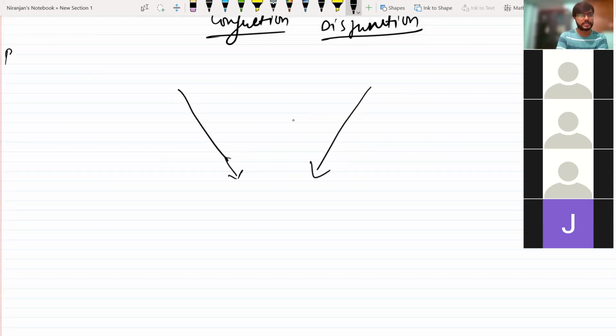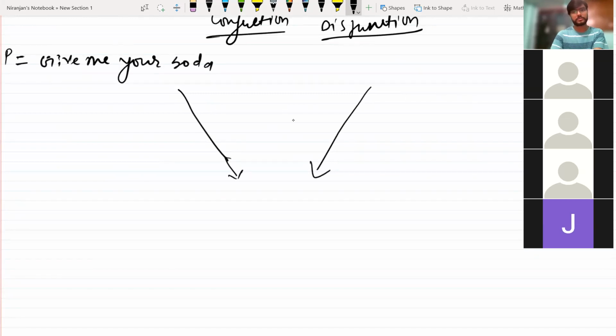And I want to give you one example of how we construct it, so you can understand. So let's say that P is: give me your soda. Q is: I will punch you. Guys, do not punch anyone, okay? It is just for a statement.